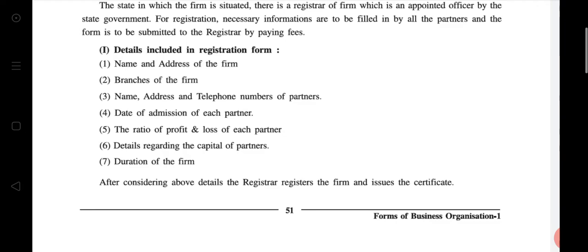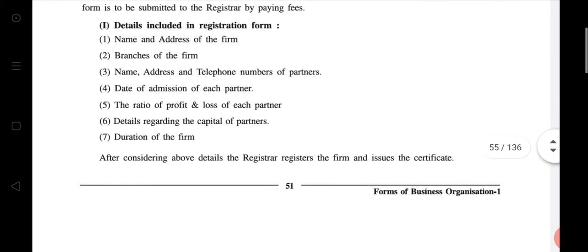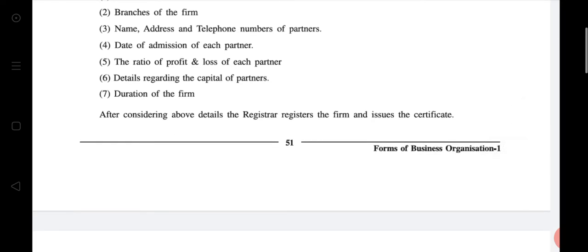See, first one, name and address of the firm is noted in the registration form, then how many branches the firm has and also the address of all the branches, then names of all the partners, addresses, numbers, mail IDs, etc. Then when each partner was admitted in the firm, that is the date of admission, should be noted down in the registration form.